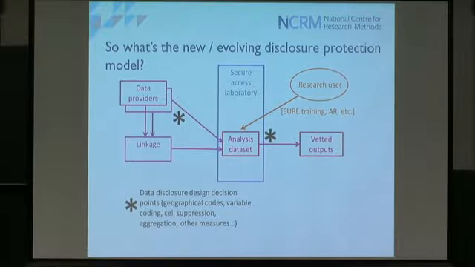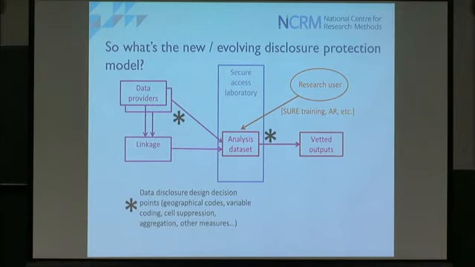So considering this new kind of environment which we're moving towards, where we're working with more and more linked data and data coming from a range of different providers, what about different zonations based on the requirements from those providers?